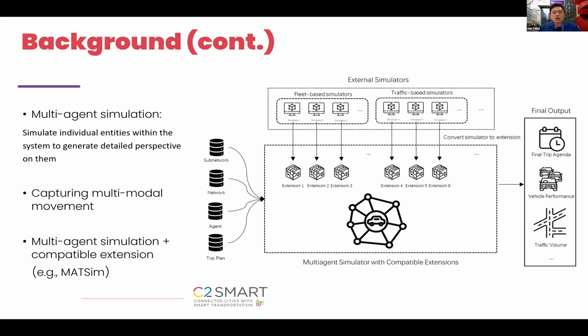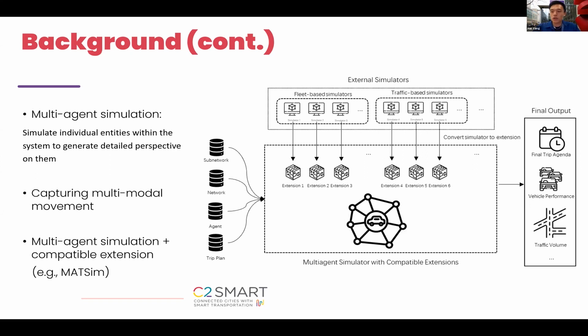As shown in this figure, there may be some existing simulators for a very specific transportation system or a very specific traffic control plan. If we want to integrate that into a core multi-agent simulator, we need to translate those simulators into individual extensions, add those extensions into the core multi-agent simulator, and then run the whole simulator for integrated results.